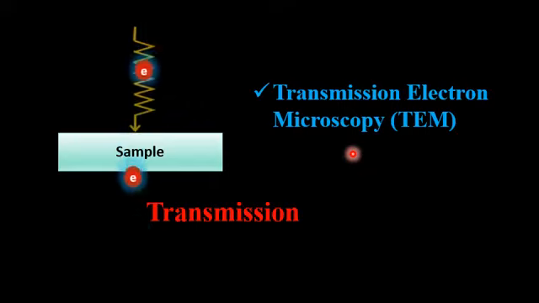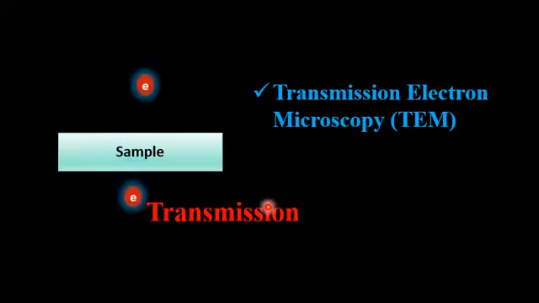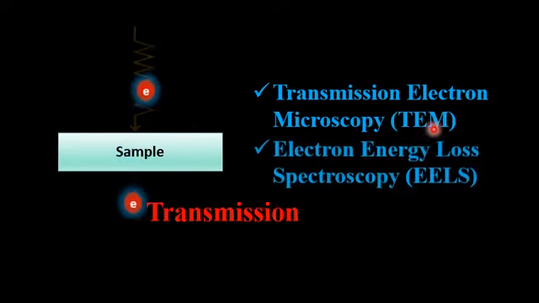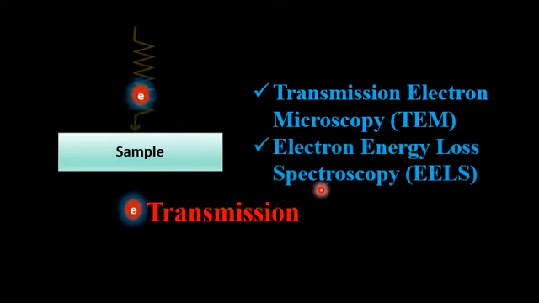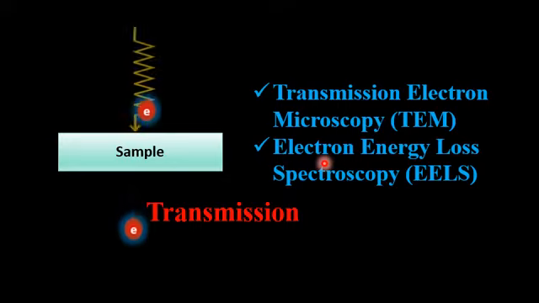Okay, so another technique which is based on transmission of electrons is known as electron energy loss spectroscopy. Please note that the electron energy loss technique is usually based on transmission.